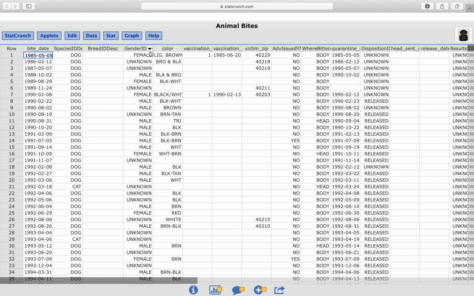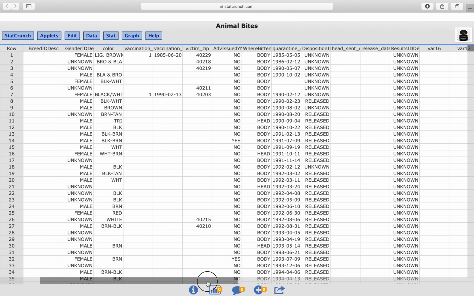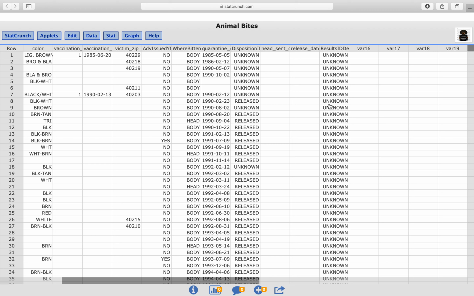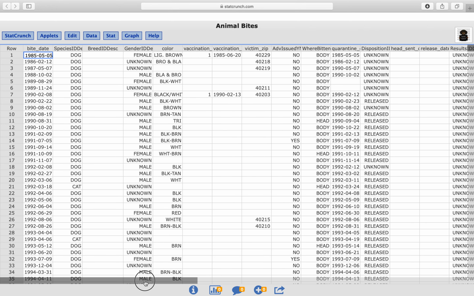Then we have the gender of the animal, the color of the animal, whether or not they are vaccinated, the date of vaccination, and where they were bitten on the body. There's also more down here, where you can see the results of the rabies test and those types of things, but we're going to be focusing on these ones over in the beginning.